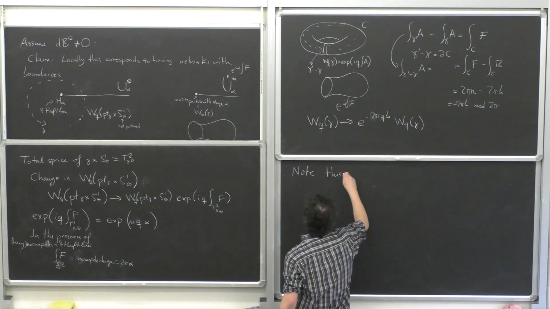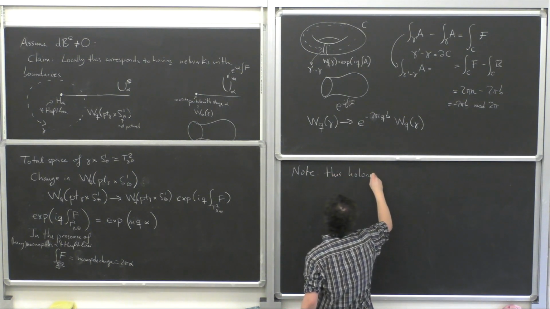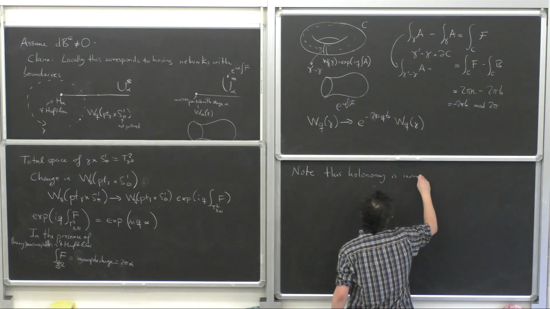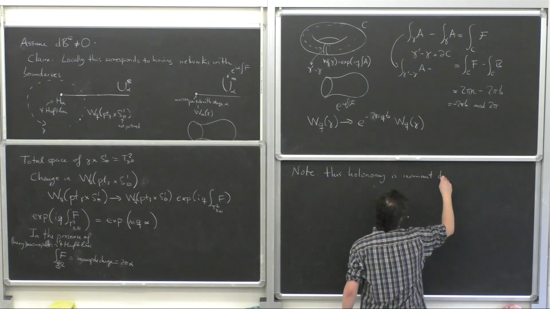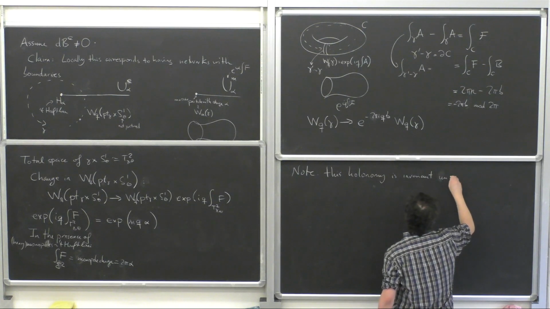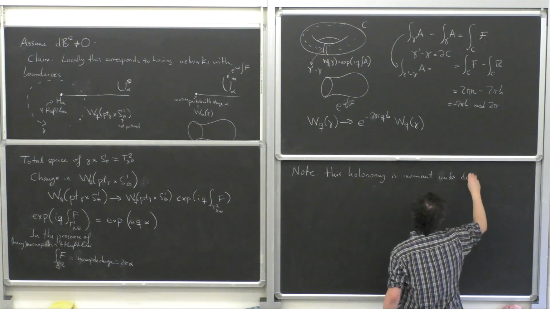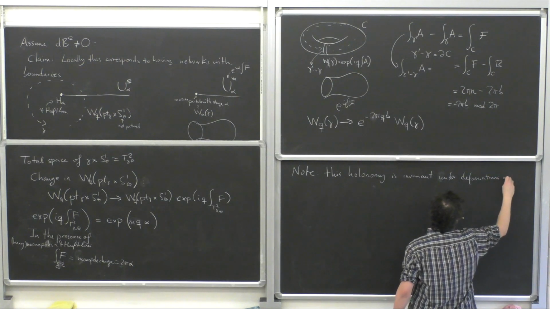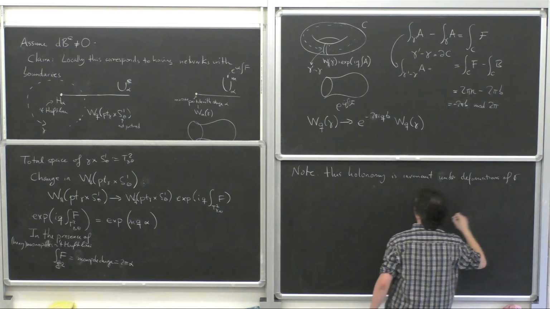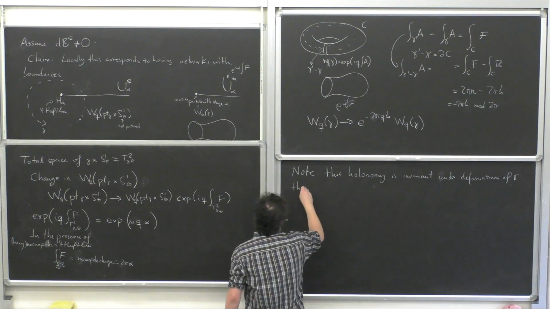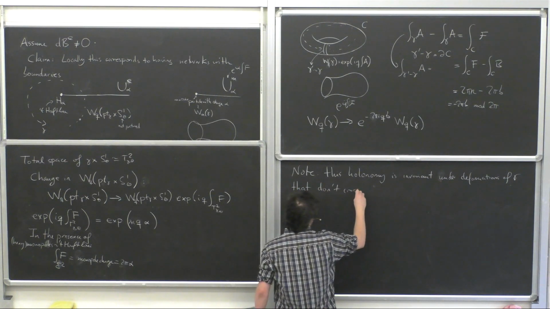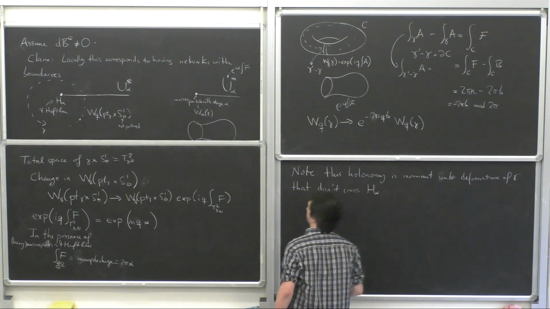This holonomy is invariant under deformations of gamma that don't cross H alpha.